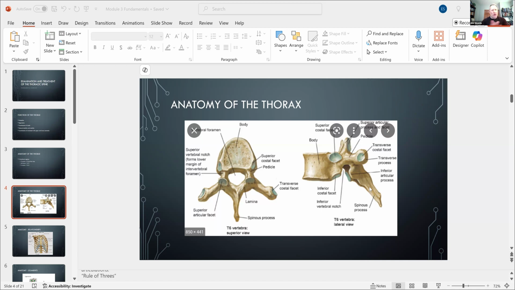So really the only reason I even mention the rule of threes, because there is a lot of variation. There's been several articles that have kind of quote unquote debunked the idea of that, but there is enough anatomical variation in most people to suggest that, especially in that mid to lower thorax, so somewhere between 6 and 9 or 6 and 10, we're going to have to pay more attention to where our hand placements are, because the tip of the spinous process isn't going to be an adequate kind of locator or landmark for us to find those articular surfaces, those articular pillars.